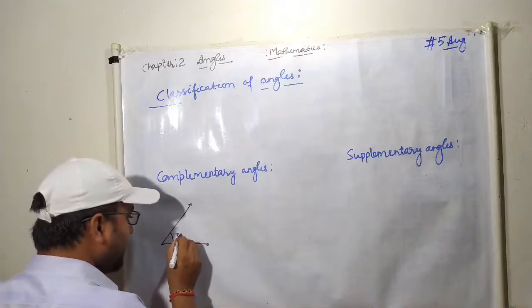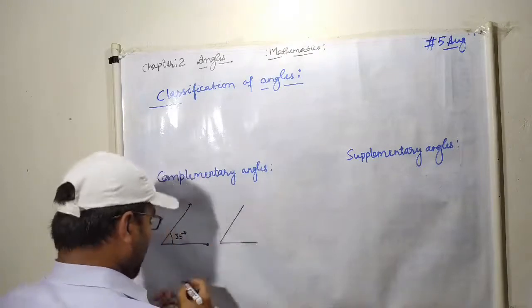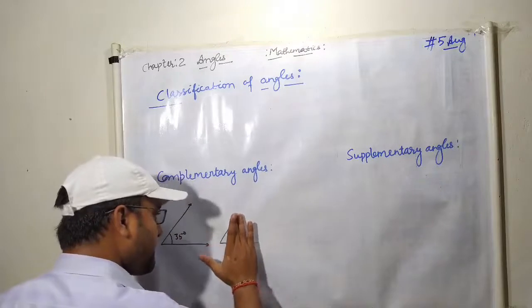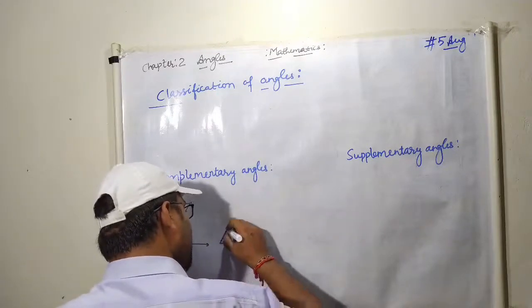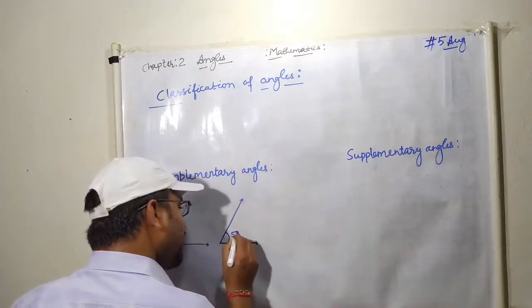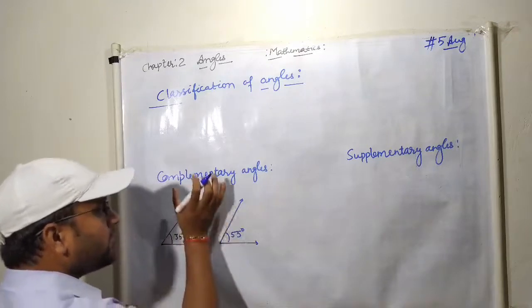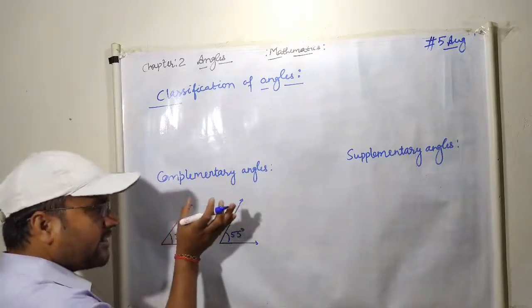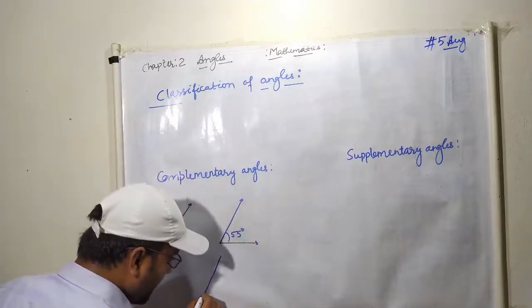This is 35 degrees and this one is 55 degrees. The sum of these two angles, 35 plus 55, gives 90 degrees, so the two angles are complementary angles.